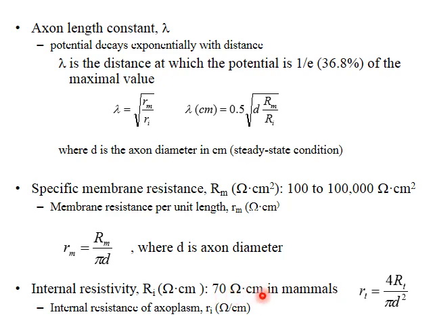If you go through the details, you'll find that this is indeed the case. The details of these equations are not that important for you to understand the concept of length constant and how it determines the passive conduction down the length of a process. But if you look at these equations and give it a little thought, you'll see that these relations are not all that complicated.